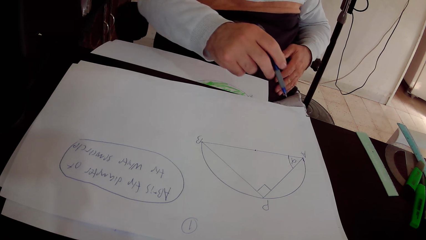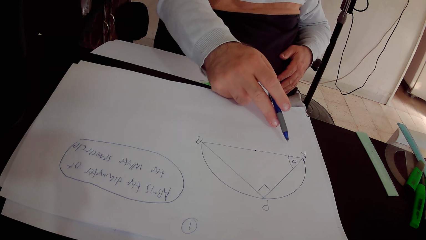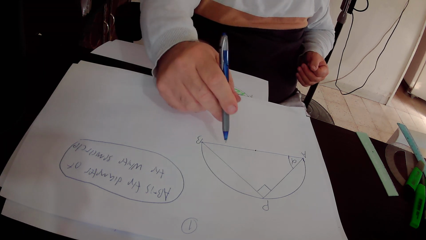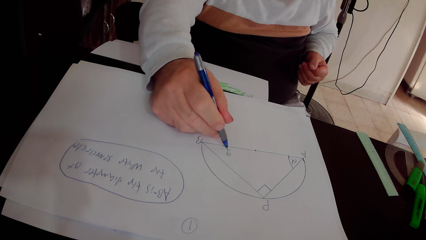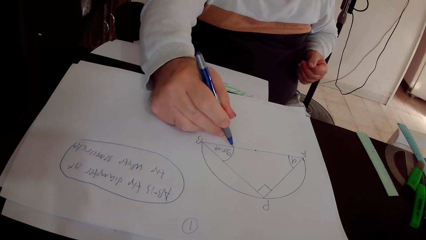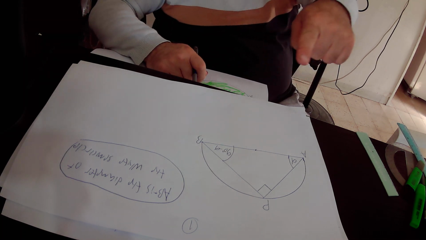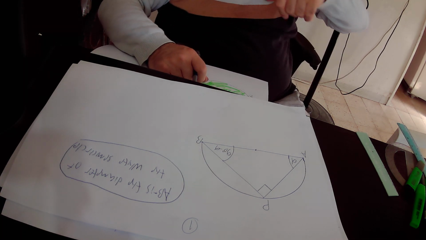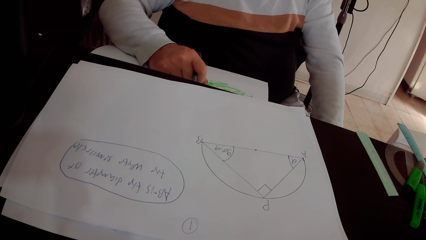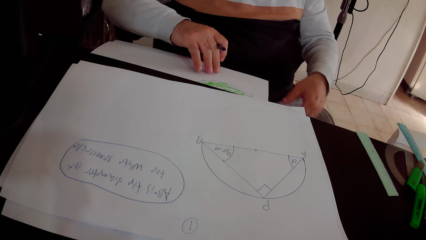So in this right triangle APB, this angle equals alpha, this angle equals 90 degrees. Therefore, this third missing angle must be equal to 90 degrees minus alpha. Why? Because 90 degrees minus alpha plus alpha is 90 degrees, and 90 degrees plus 90 degrees equals 180 degrees. That is the sum of the angles in any triangle.